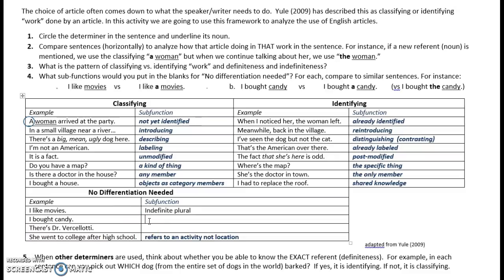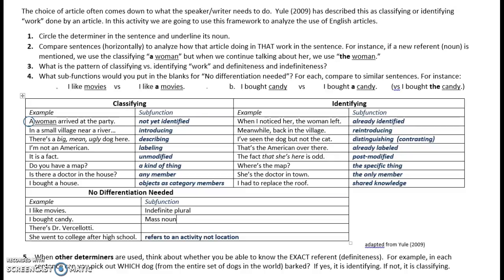No, but if you compare I bought a candy versus I bought the candy, there must be some identifying, already identified, or we already know which candy, the hearer already knows which candy we mean. So what would this reason be? Well, this is a mass noun.